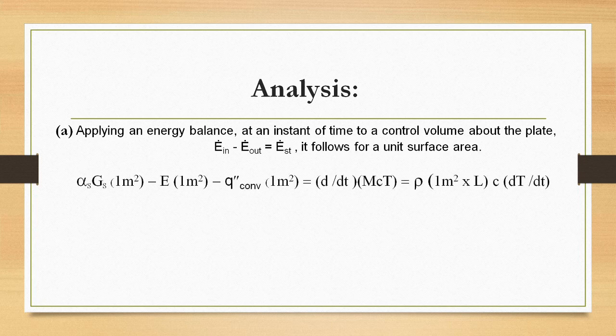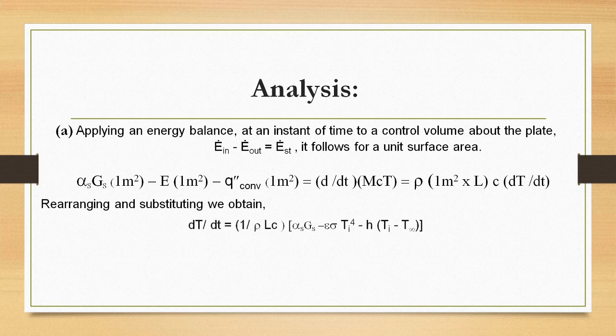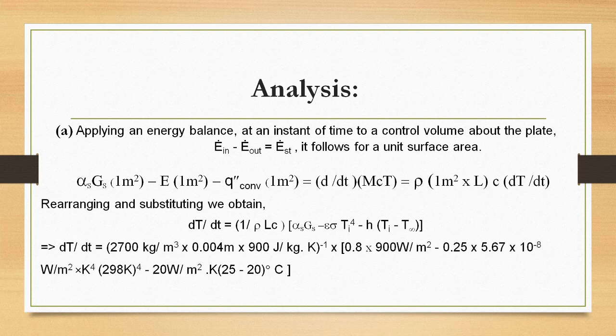So the formula turns out to be like this, and after rearranging and substituting, we obtain the change in temperature with time, which is equal to this. After putting all the values, we get the change in temperature with respect to time is 0.052 degrees centigrade per second.